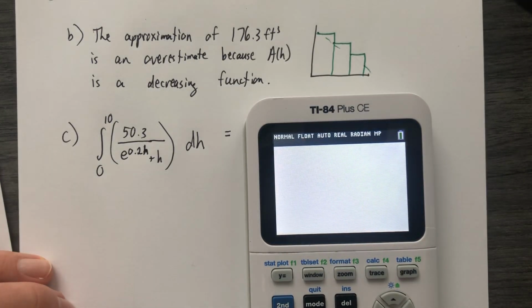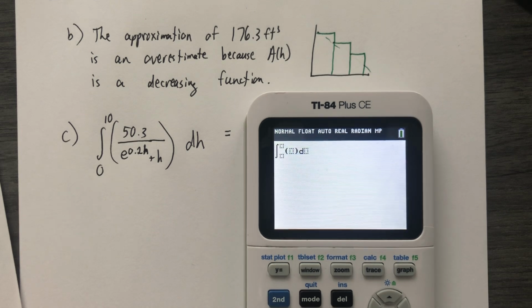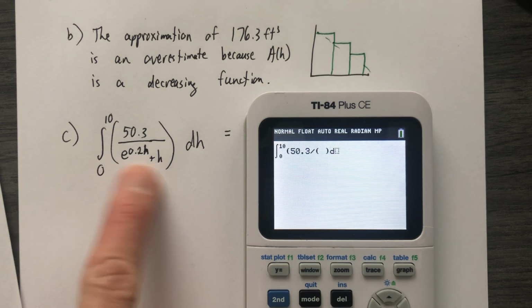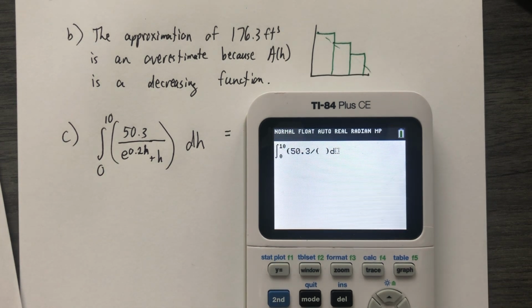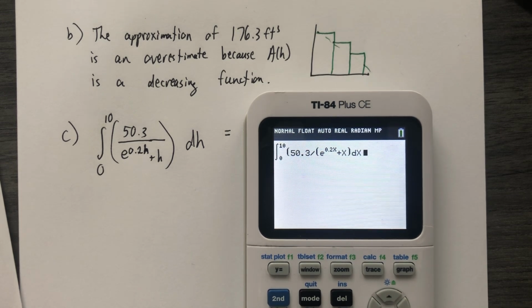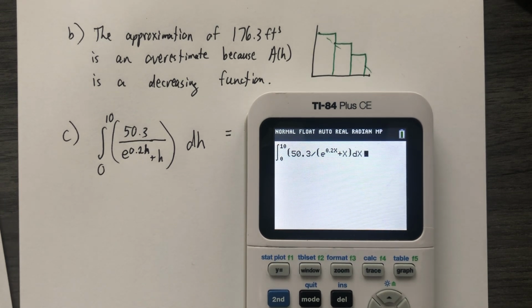So let's do it. Good thing this is calculator active. From 0 to 10 of 50.3 divided by. Now this denominator is a binomial, so we need to make sure that we put it in parentheses. I'm using x instead of h, totally okay. Make sure everything is typed in there correctly.